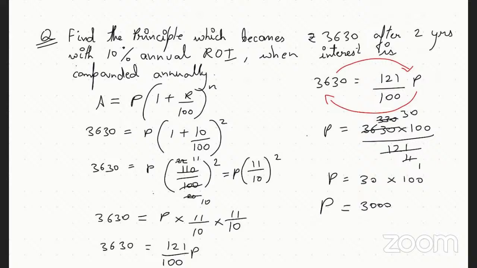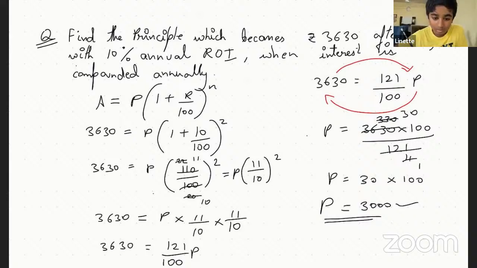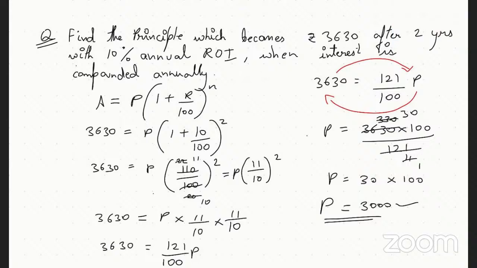Okay. So then 30 into 100 I did. So 3000. P is 3000. Okay. Is it clear? Yes. Okay.